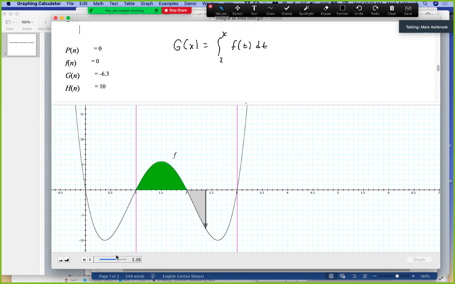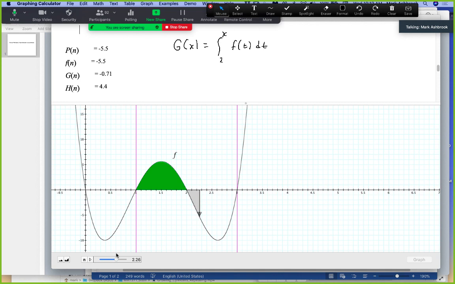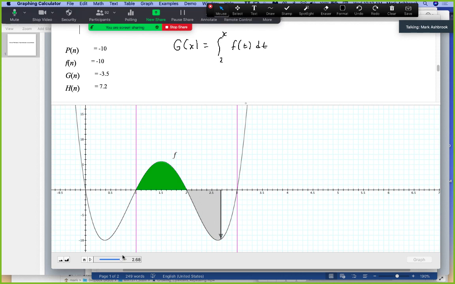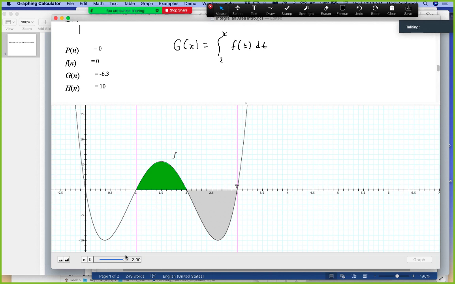Yeah, because it started accumulating at 2, and then what happens to the signed area? We're accumulating at a negative rate, so we're just going to have the opposite of the accumulated area, getting more and more negative. So when we get to the end, what does this negative 6.3 tell us about the gray region there?